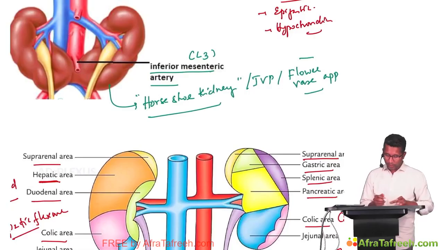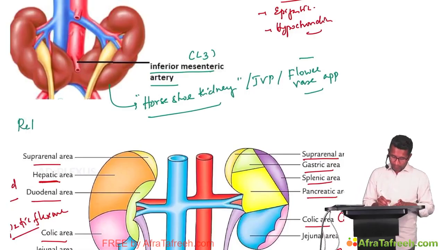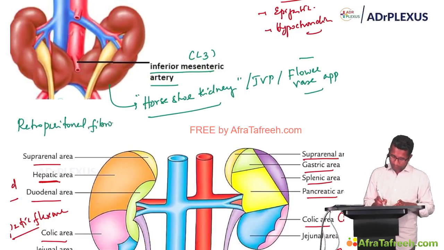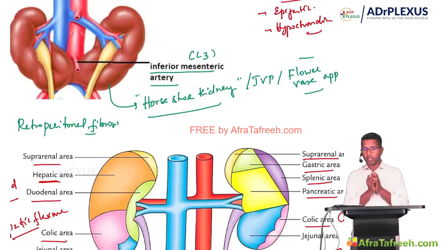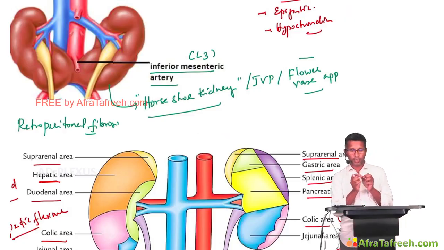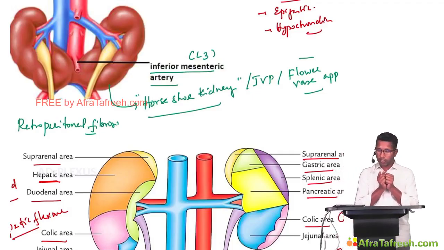Now there is a condition called retroperitoneal fibrosis, when the tissues in the retroperitoneal area shrink because of fibrosis.